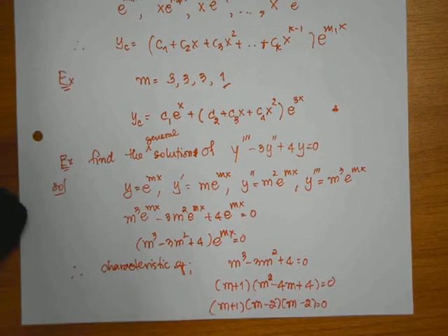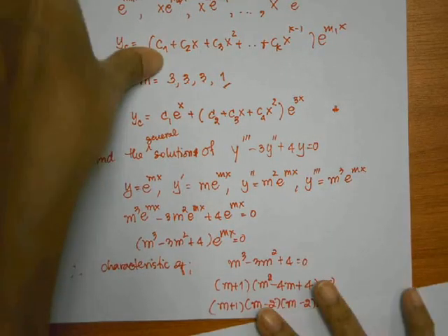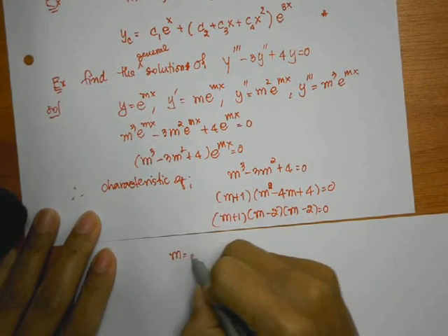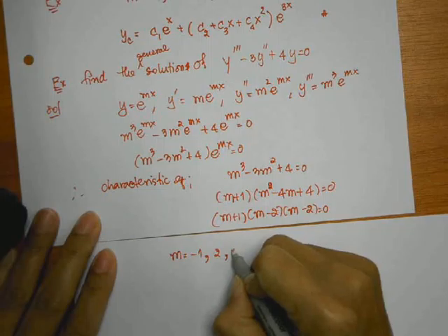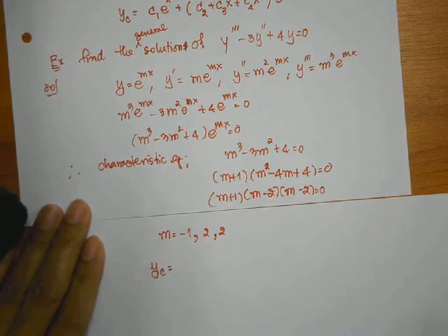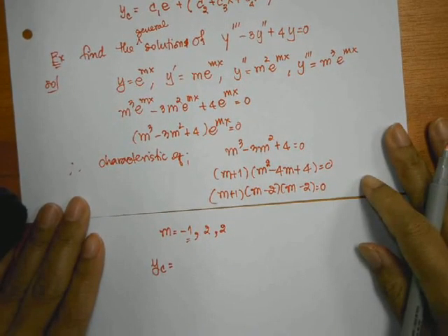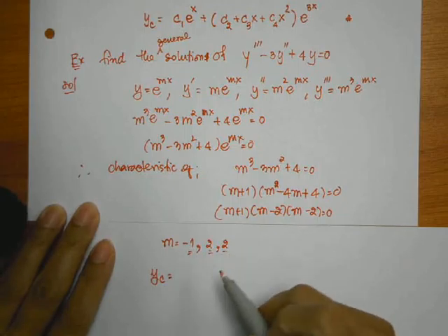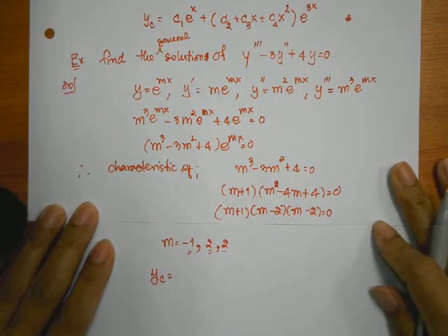So we can find 3 values of m, which are m equal to -1, and then m equal to 2 and 2. So that means we have repeated roots, right? So our yc, for this one, -1, you use case 1, okay? And this 2, you use case 2 to answer, okay?